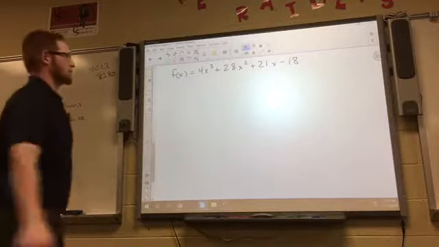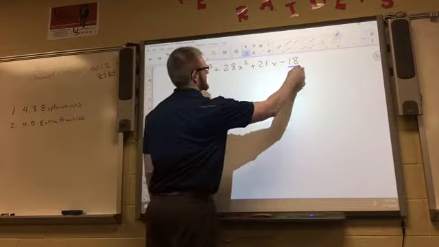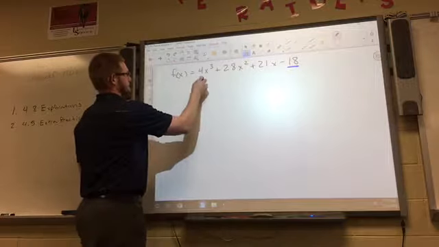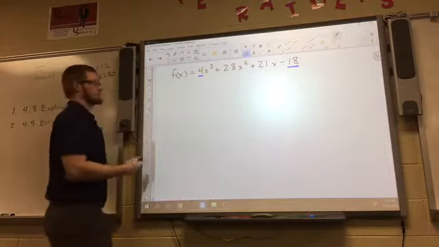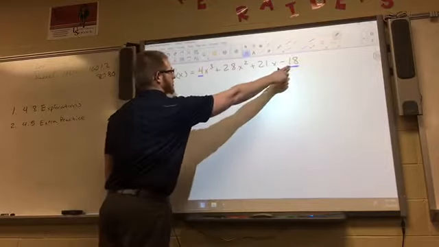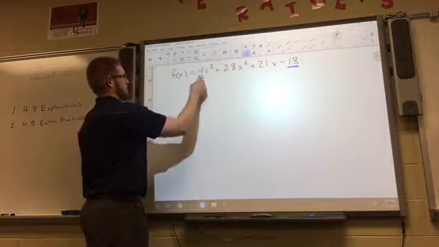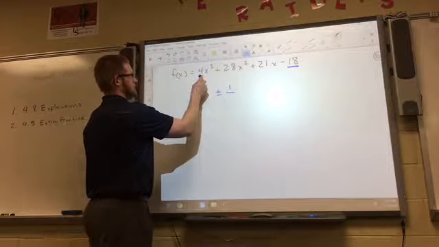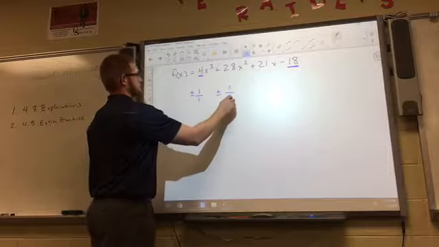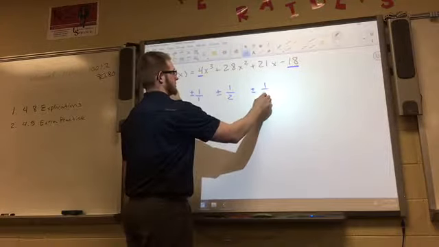That's been a while. Our rational roots theorem was when we take the factors of this divided by the factors of this and list all our possible factors out. So I'm going to just start with 1 there. 1 over 1 plus or minus 1 over 2 plus or minus 1 over 4.